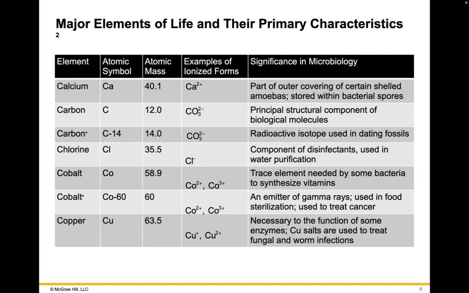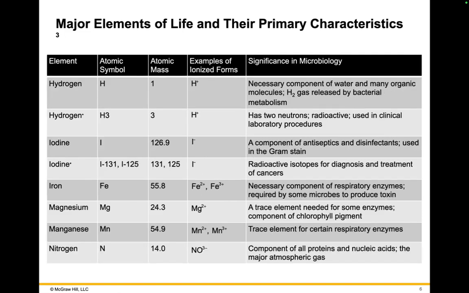And so cobalt also has a radioactive isotope, and these are all showing you different atomic masses. Hydrogen, as we mentioned, has an atomic mass of 1. There is a radioactive form of hydrogen. There are radioactive forms of iodine, iron, its mass, and what it's important for.